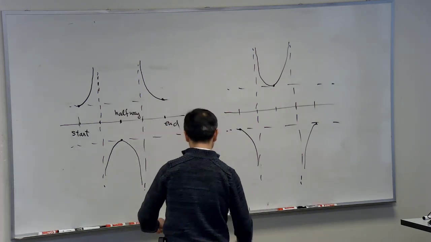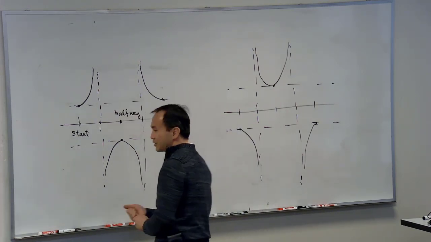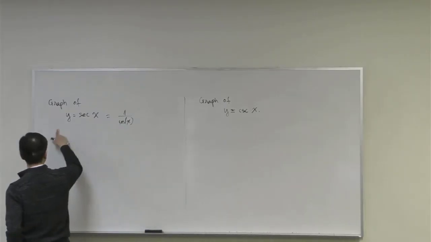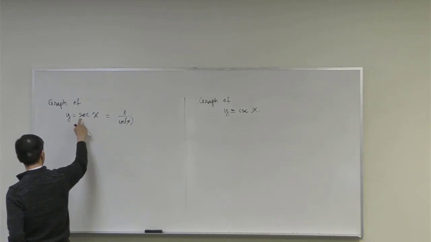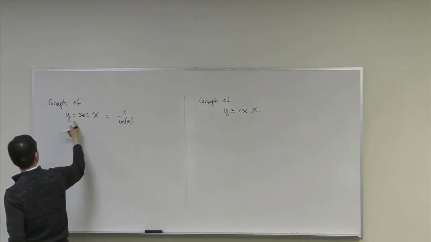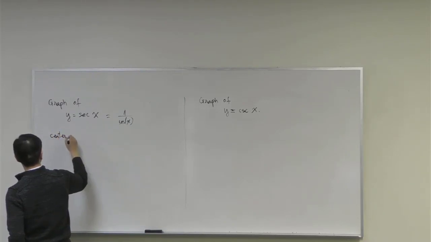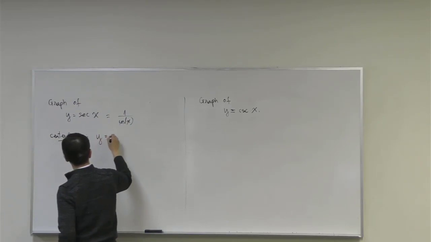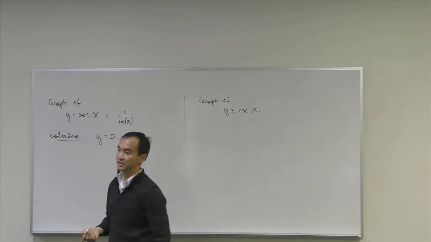Now we're going to break that down to the actual work right here, those common pieces of information we can track down again. For this particular ordinary secant, we have a center line at y equals 0, right on the x-axis.